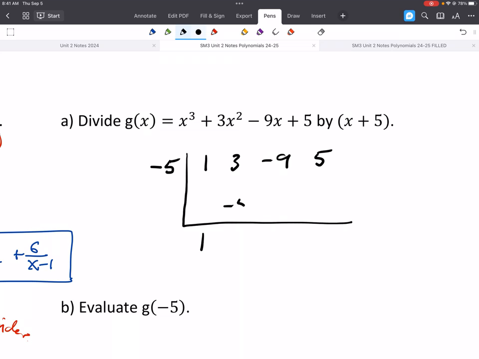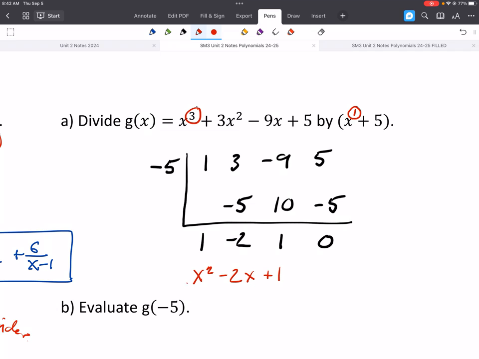Again, we had a cubic divided by a linear, so we should have a quadratic: x squared minus 2x plus 1, and it has no remainder.